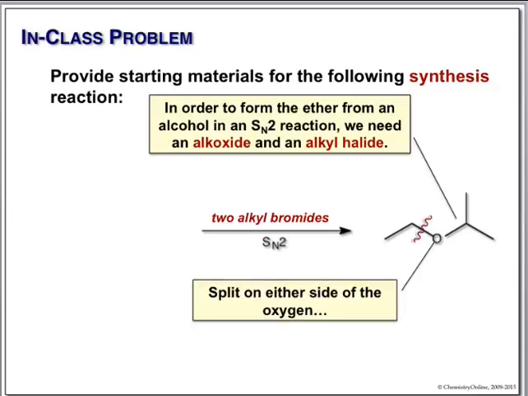Let's split here. That means that the alkoxide half is basically this, and the alkyl halide half is simply this 2-carbon unit with a halogen. Two-carbon unit, so bromoethane. This is isopropoxide, simple SN2 reaction.